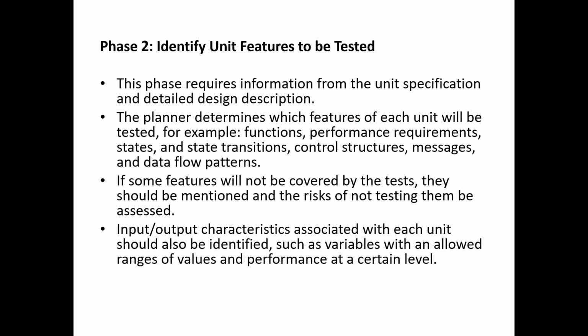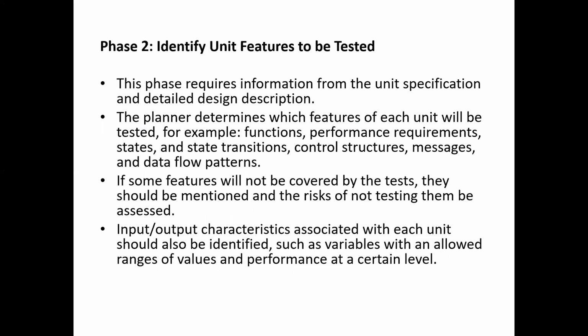The second phase is to identify the unit features to be tested. This phase requires the information from the unit specification and detailed design description. The planner determines which features of each unit will be tested. For example, functions, performance requirements, states and state transitions, control structures, messages, and data flow patterns.